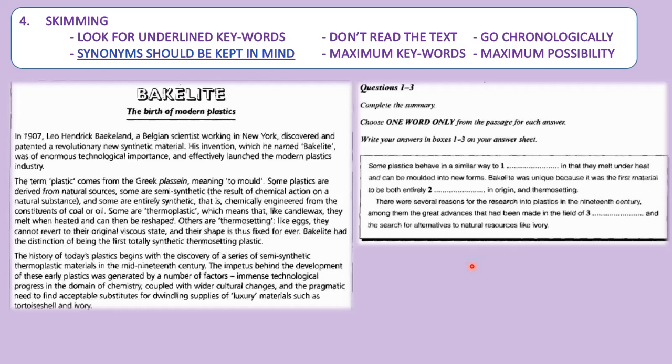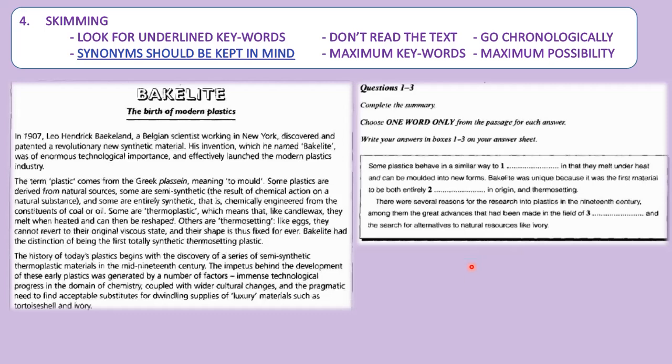So what is skimming? First of all, skimming is basically finding out something. In our reading module, it's about finding out the answers, or the words or keywords, whatever we are doing here.